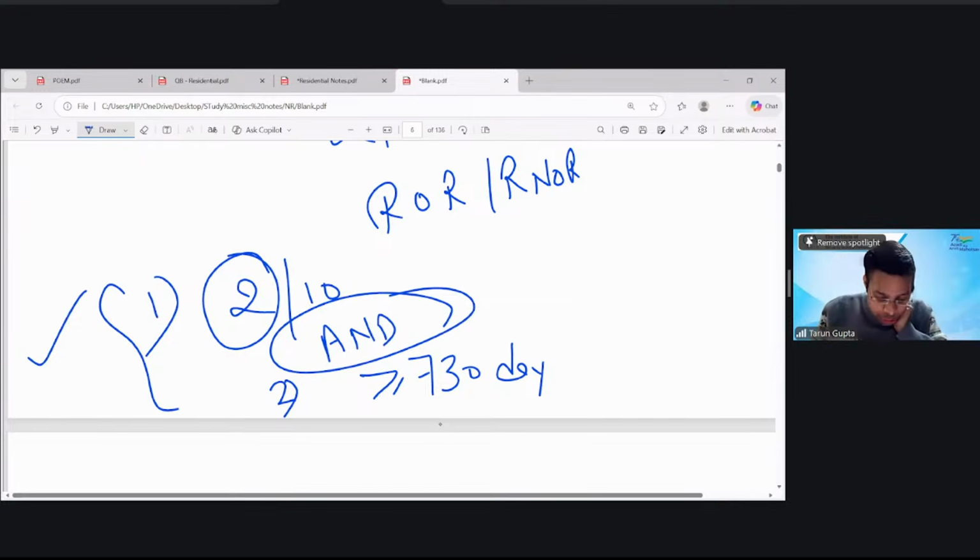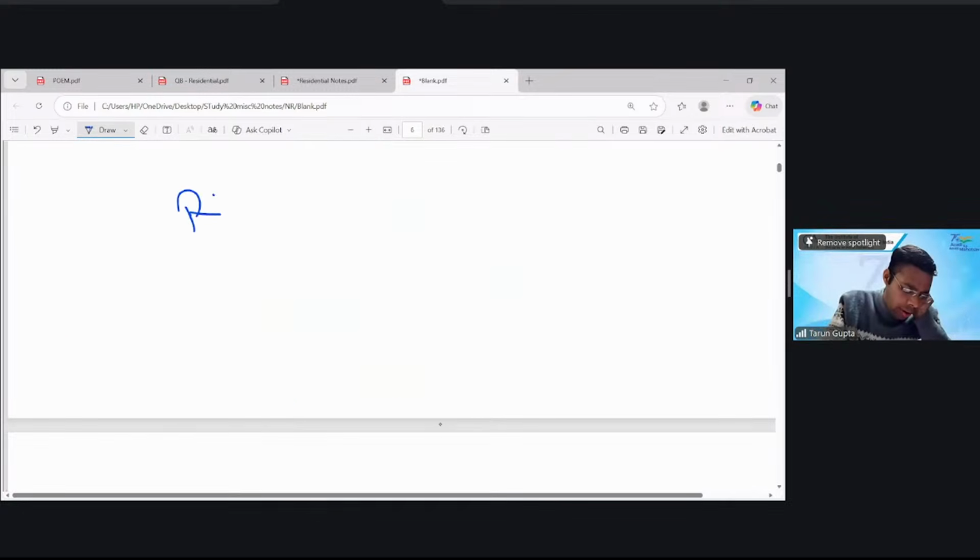If both these conditions are satisfied, then the person is called ROR. If even one of these conditions is not satisfied, then the person is called RNOR.